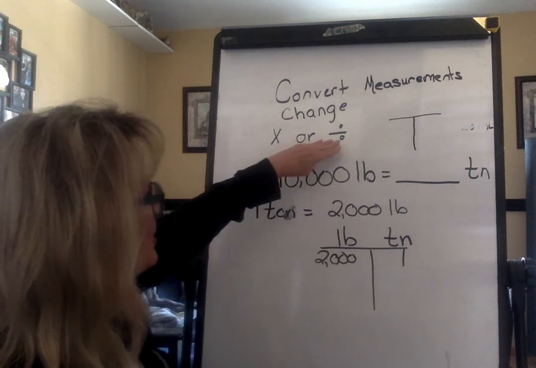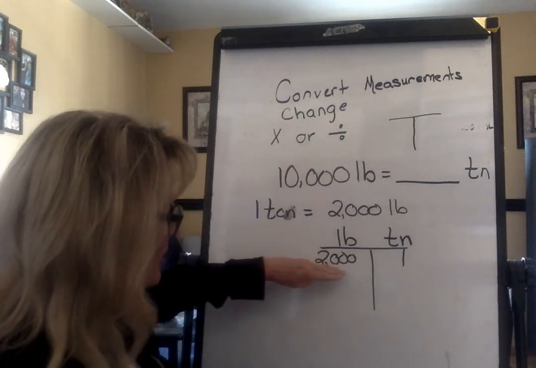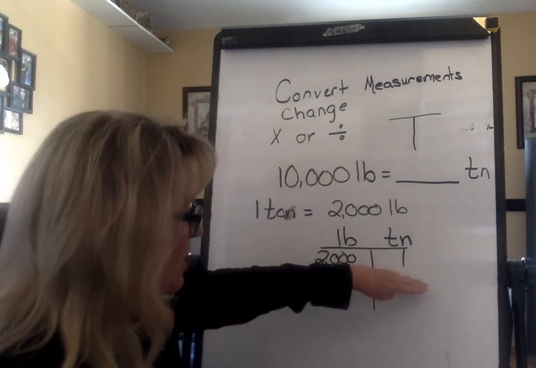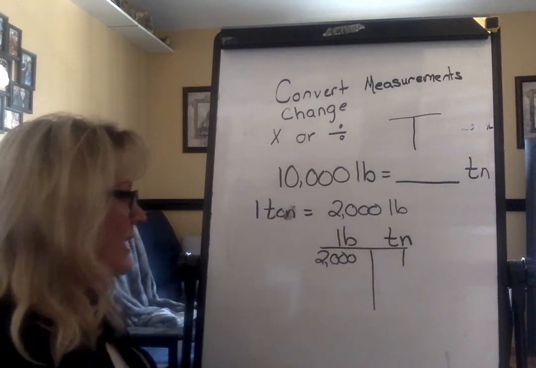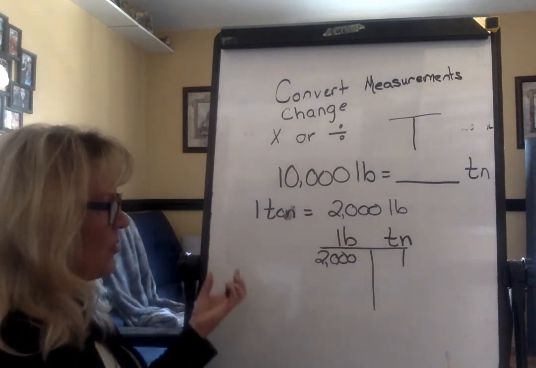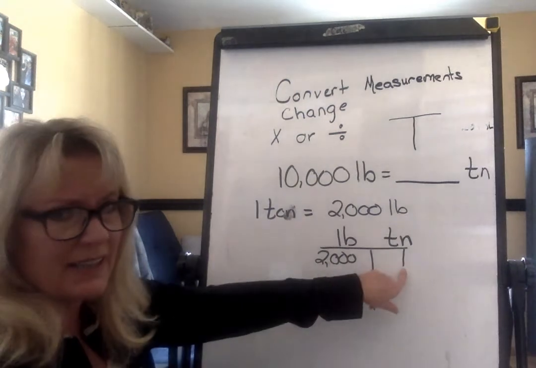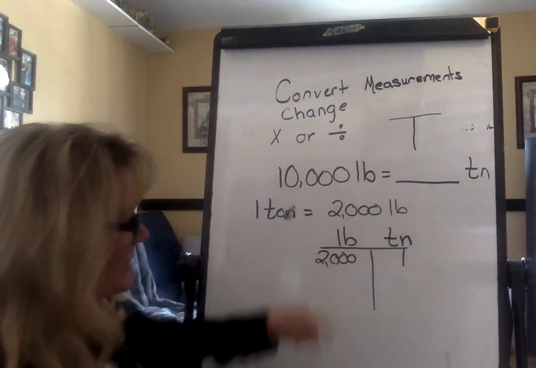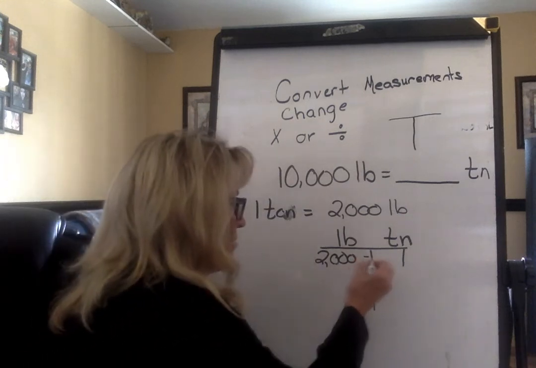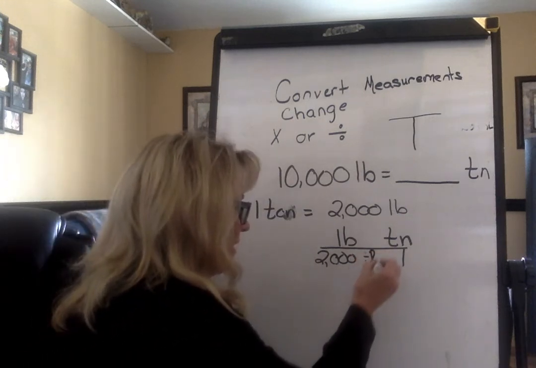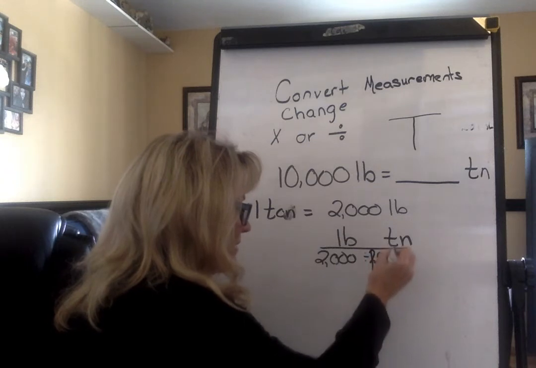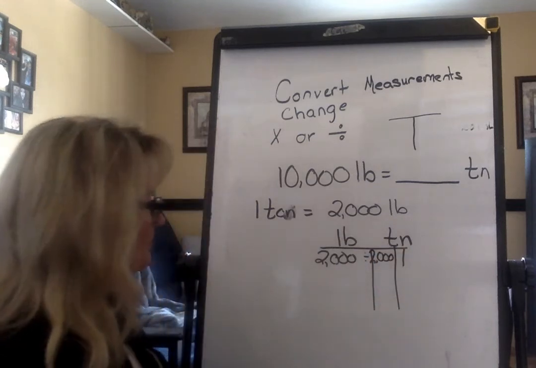That means I'm going to be using division. I started with the large, I end up with small. Okay? Now I just have to know, how do I get from 2,000 to 1? Well, when I divide to get an answer of 1, I have to divide it by itself. So I already know my rule is to divide by 2,000. Okay, there's my rule.